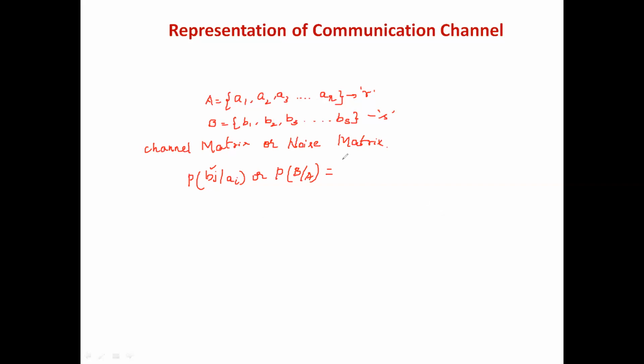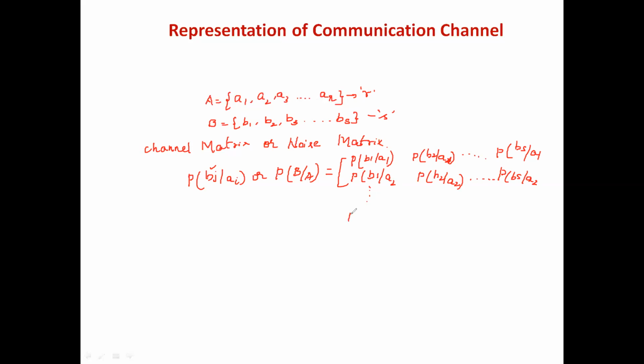So this can be written as: probability of B1 given A1, probability of B2 given A1, up to probability of BS given A1, since we have S output symbols. In the next row we have probability of B1 given A2, probability of B2 given A2, up to probability of BS given A2.